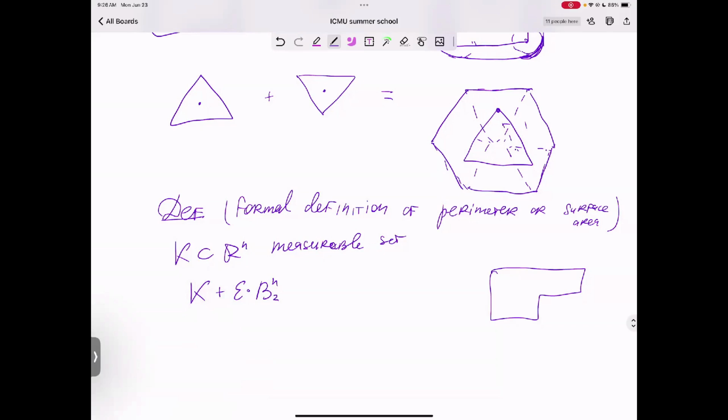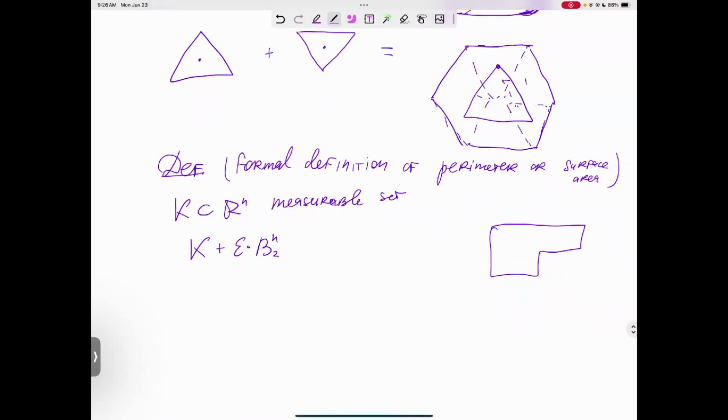So let's consider K plus epsilon ball. So we have a set K, and I take a tiny ball of radius epsilon and move it around my set K. This is what I get.